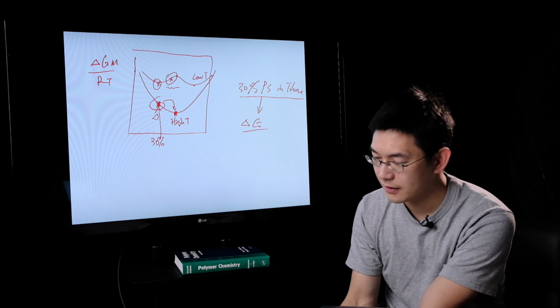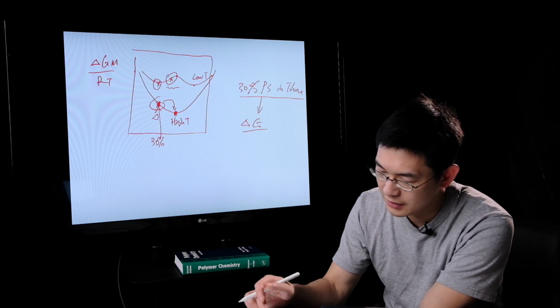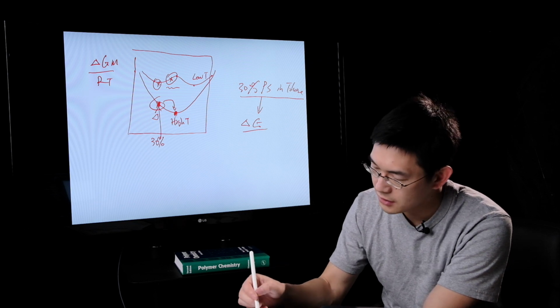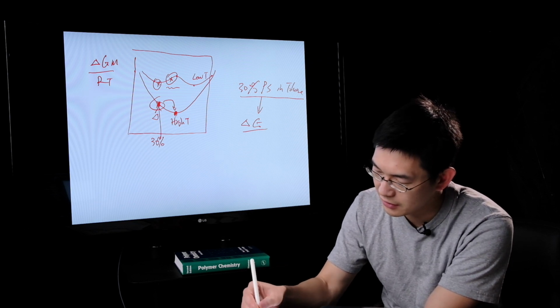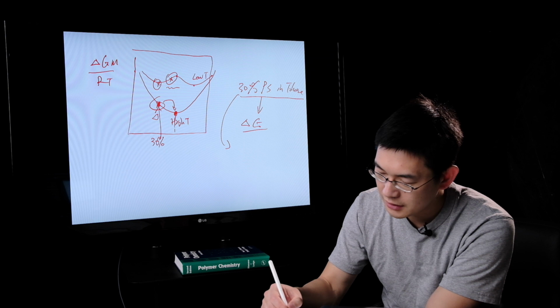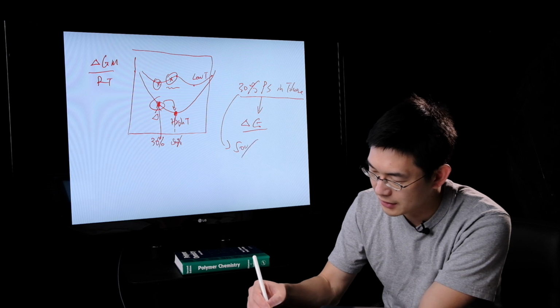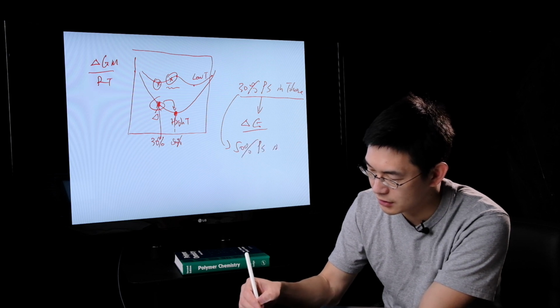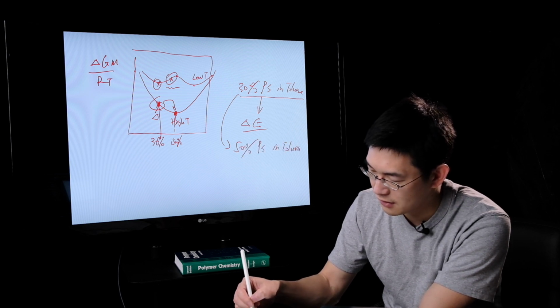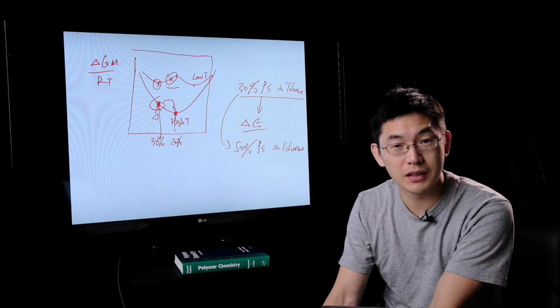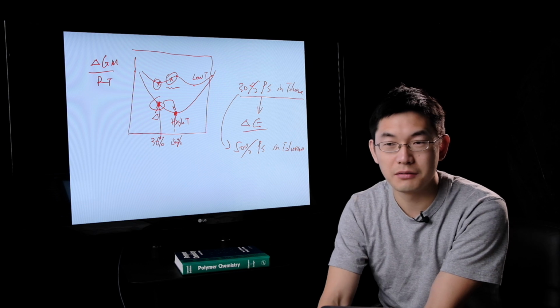Let me explain why you can't just say I'm going to go to this value of the energy point. The reason is, if I go there, phi 2, let's assume it's symmetric, is going to be 50%. I cannot have 50% polystyrene in toluene phase separate into another phase. Why? The reason is simple.